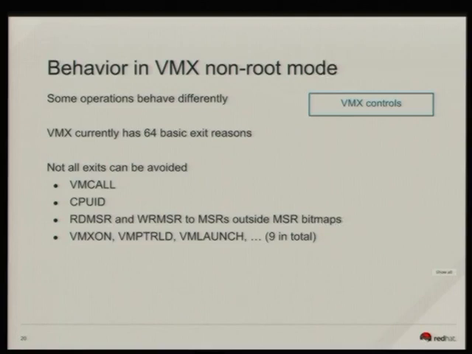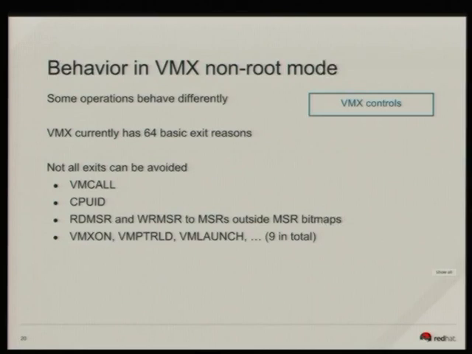And this is VMCALL, which is an instruction whose only purpose is to force a VM exit, so it's quite understandable. But then there is the CPUID instruction, which could have been emulated in hardware, but it would probably require too much information to pass into the hardware. So the designers of VMX just decided to exit into the hypervisor and let it handle it.